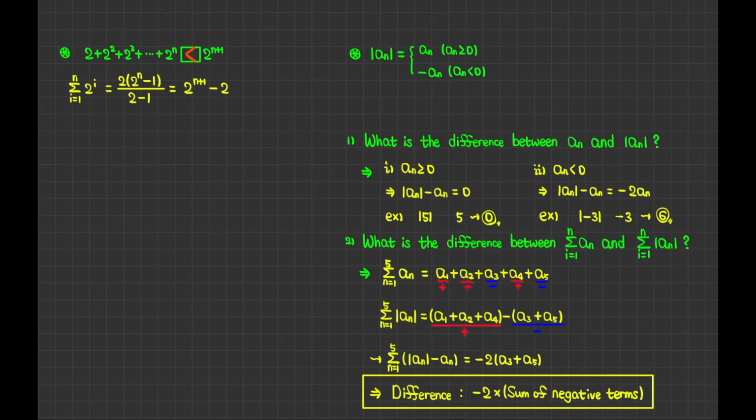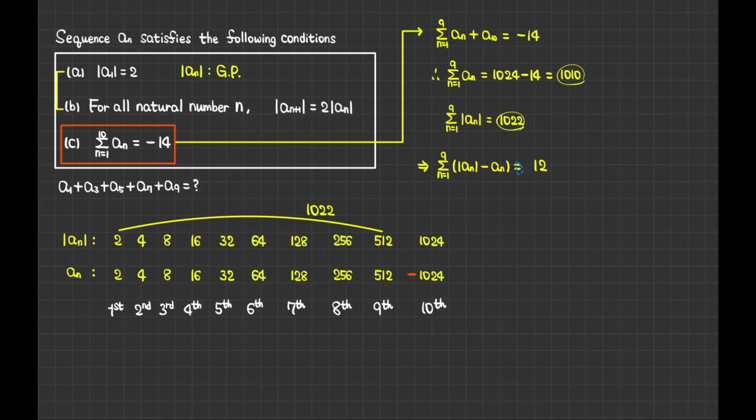But I said that 12 has a meaning. It's this, right? That 12 has a meaning of minus twice the sum of negative terms. So if I solve this equation, therefore the sum of negative terms becomes negative 6.